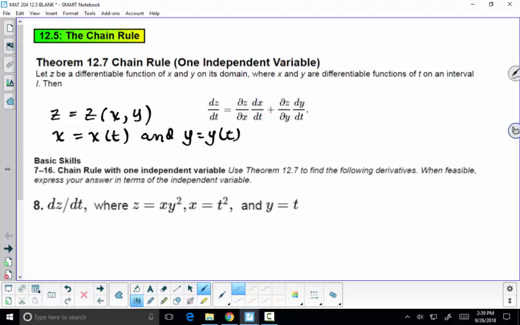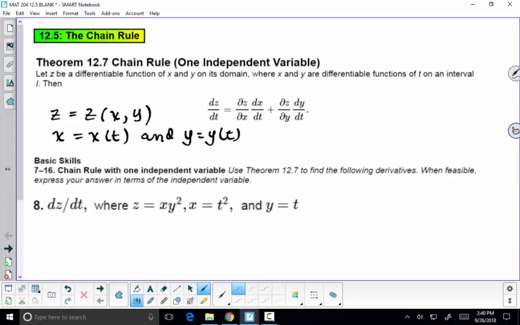That's how we write it mathematically. This says z is a function of x and y. This says x is a function of t, and that says y is a function of t. So x and y are both functions of t. Now, this means that z is a function of just one variable, t, through the x and through the y.